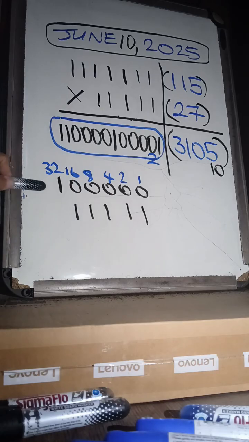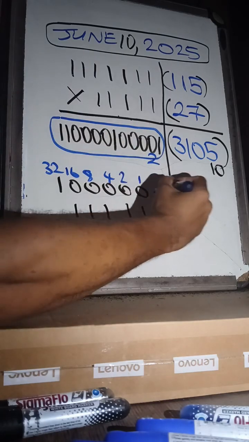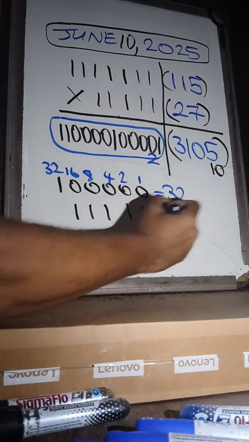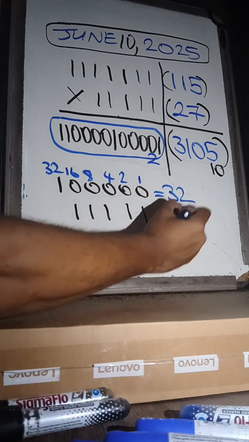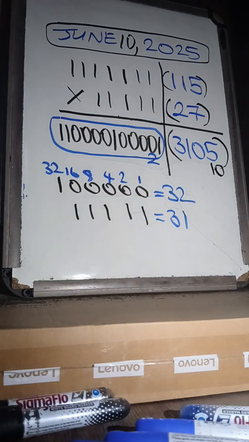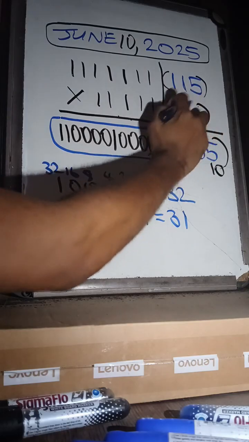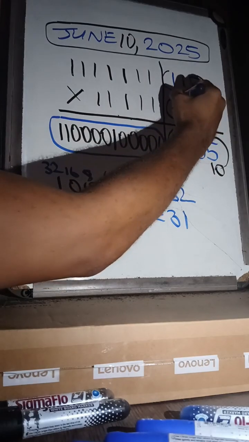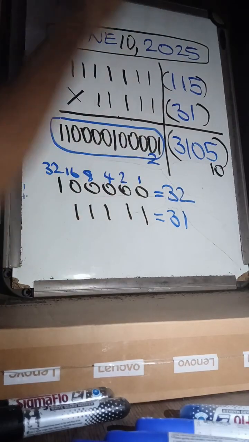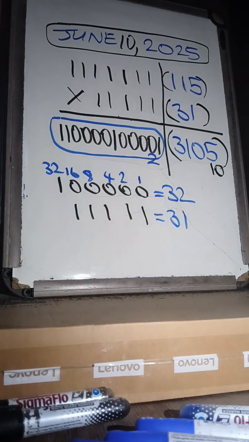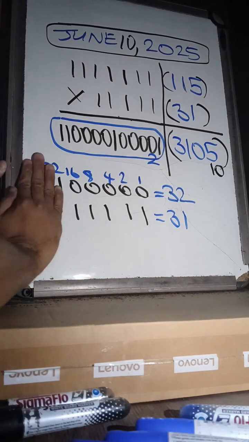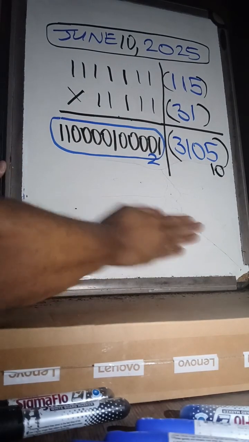So the value of this number here is 32. Therefore, the value of this number is 31. So therefore, I can just put 31 right there. So let me get rid of that, and get rid of that.